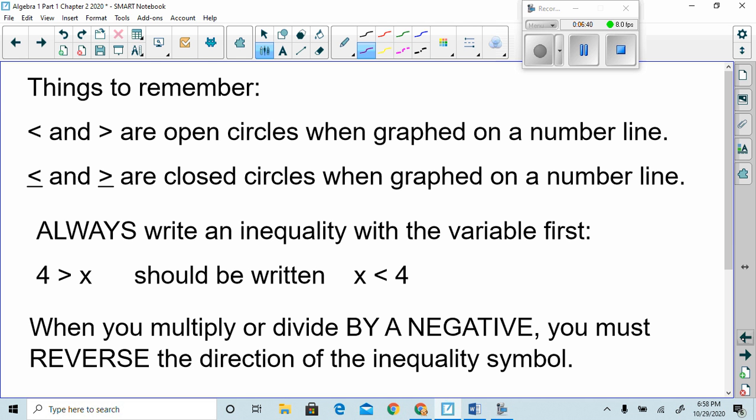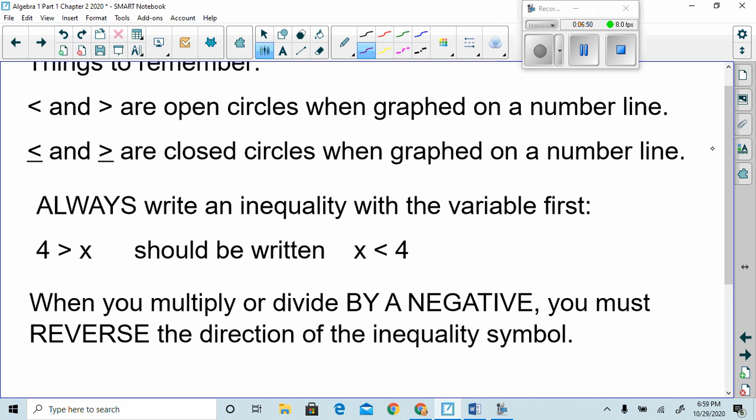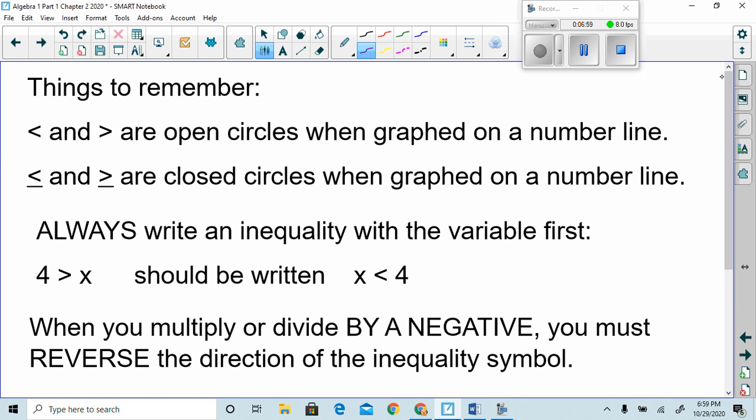If you solve an inequality and you get 4 is greater than x, it should be rewritten as x is less than 4. And today's rules, when you multiply or divide by a negative, you must reverse the direction of your inequality. These are the most important things to remember about these sections.